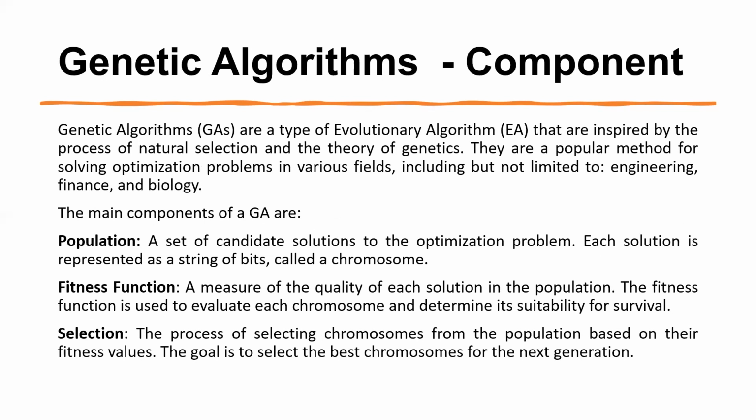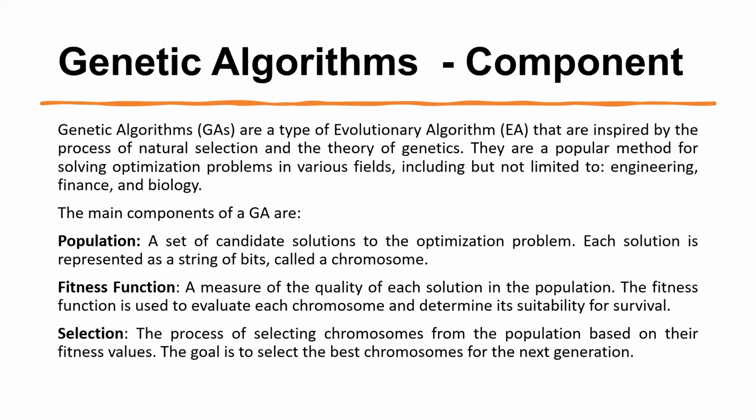So these are a popular form of evolutionary algorithms. The components are very similar to those of the evolutionary algorithms we saw earlier, but there are a few unique terminologies here, like genes and chromosomes. The main components here are the population, a set of candidate solutions to the optimization problem.